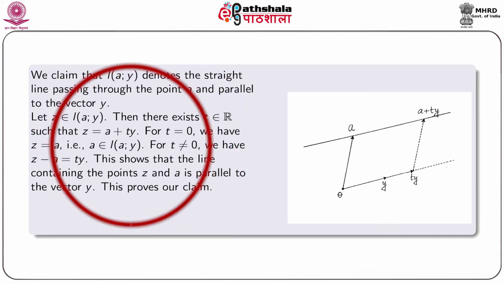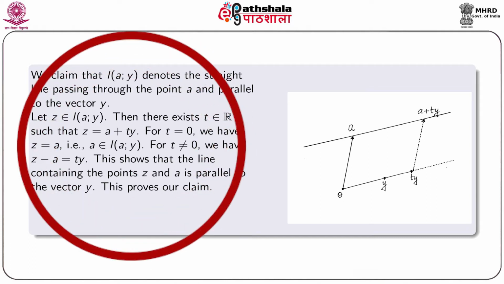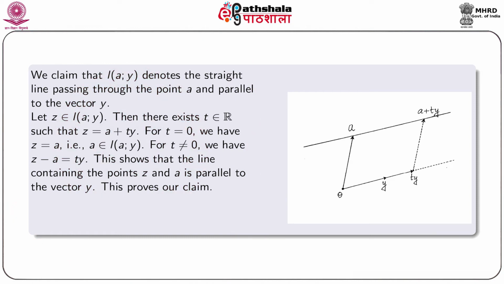Now, we claim that L_y denotes the straight line passing through the point a and parallel to the vector y. Let Z be an arbitrary member of L_y. By definition, there exists a real number t such that we can express Z equal to a plus t y.